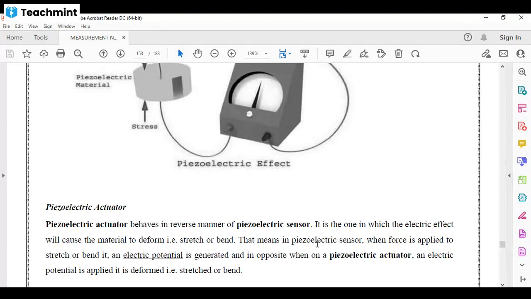That means in the piezoelectric sensor, when a force is applied to stretch or bend it, an electric potential is generated, and in the opposite case, when an electric potential is applied to a piezoelectric actuator, it is deformed, stretched or bent.